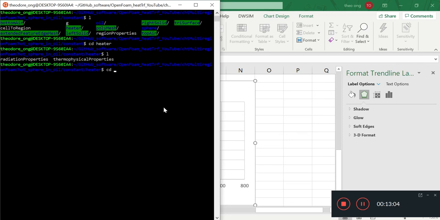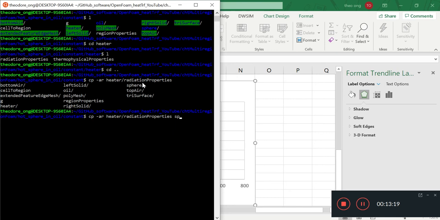The thermophysical property and radiation properties, we can copy it over. So CPAR heater radiation properties, and we'll put it in sphere, and we'll put it there. And the other one is thermophysical properties, and we put it in the sphere.